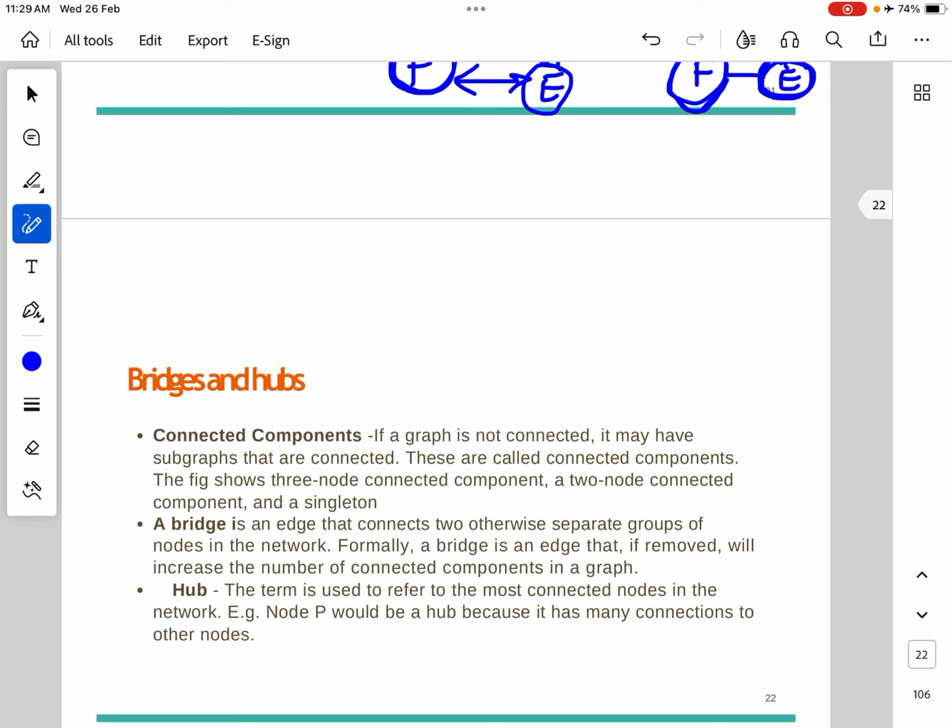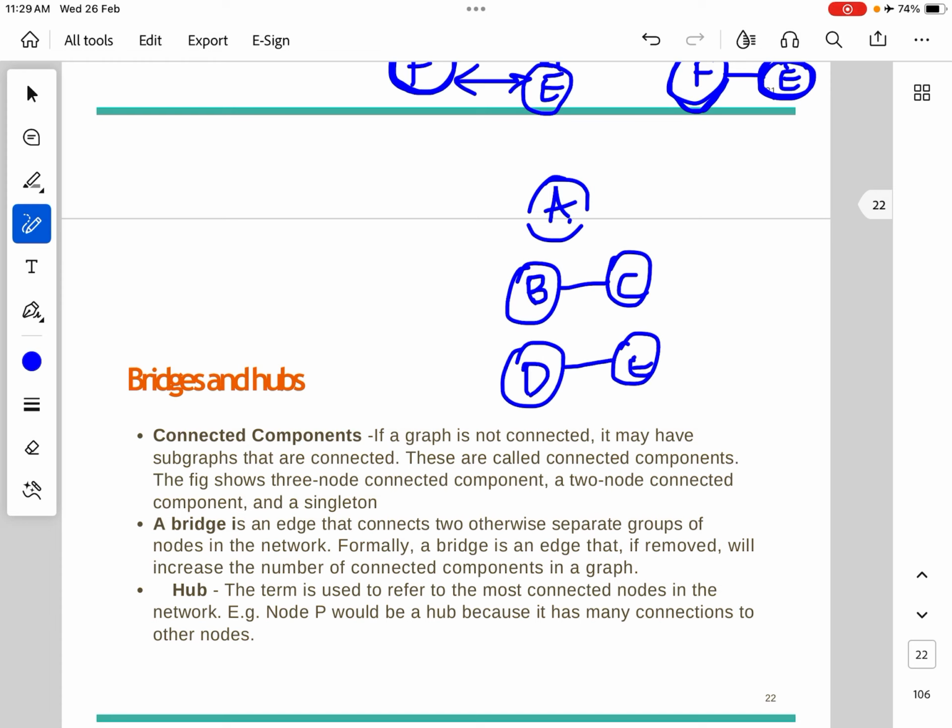Let's move on to bridges and hubs. Connected components: if a graph is not connected, it may have subgraphs that are connected. These are called connected components. Here there are 3 connected nodes, a 2-connected component, and a singleton. So we had this example: A, then B and C, and D, E, F. These are nothing but subgraphs.